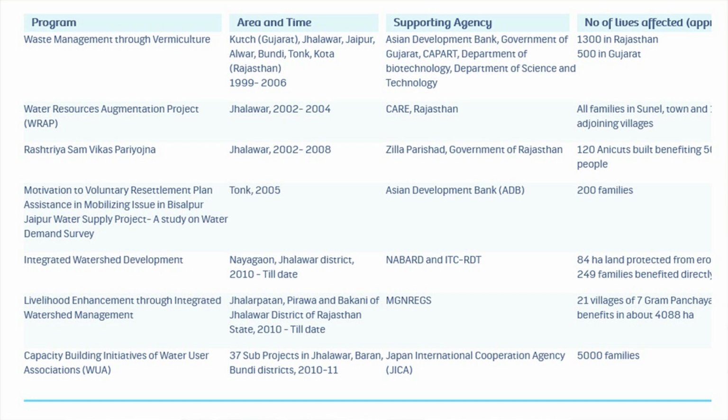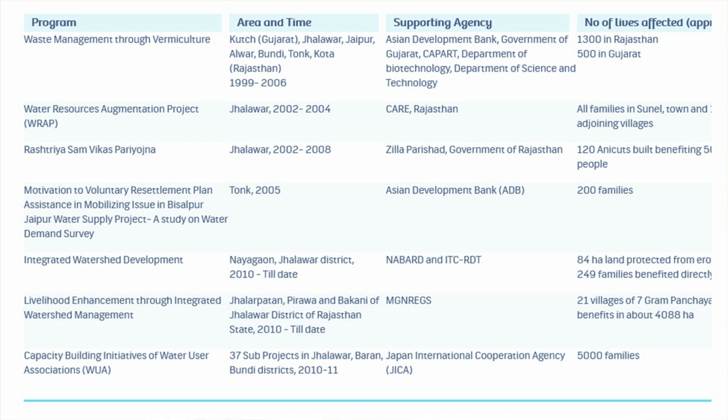This program was supported or funded by ADB, the Asian Development Bank, Government of Gujarat, Department of Biotechnology, Department of Science and Technology, CAPART. And 1,300 lives were affected positively in Rajasthan and 500 in Gujarat.